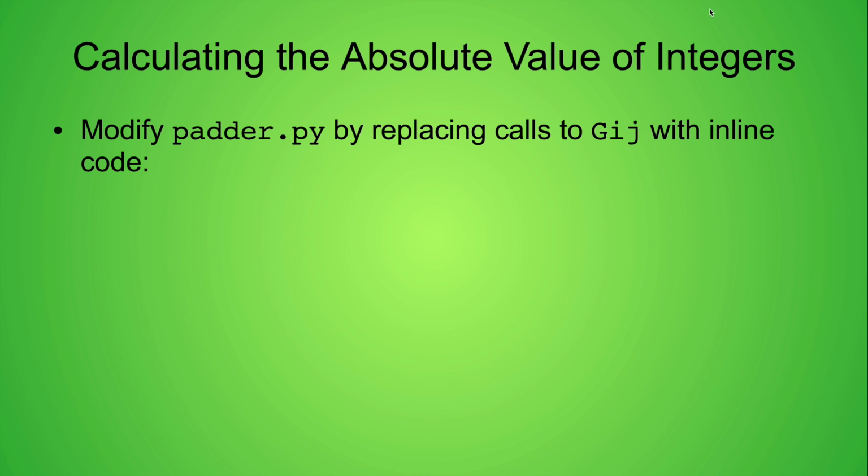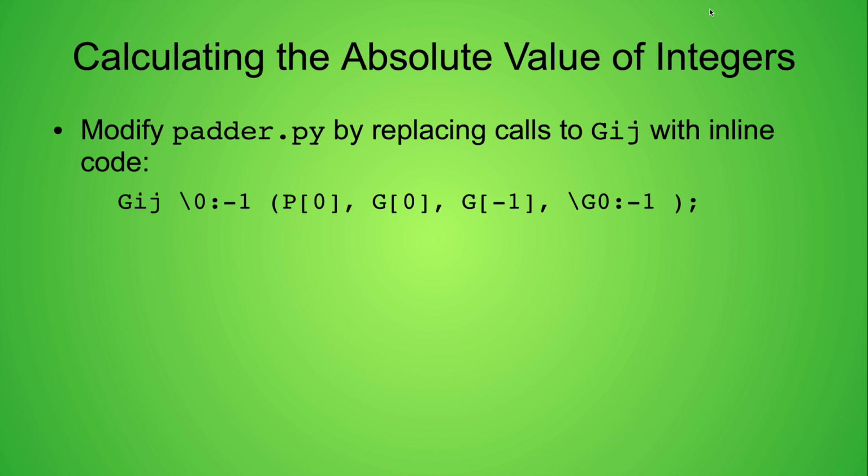Then I went on to the next change to padder.py. The script was modified to no longer use the utility module gij. As in the case of the utility module sum, the new version of the script outputs inline code rather than invoking a module. For example, to compute g sub 0 colon minus 1, the old version of padder.py output the following line of code.